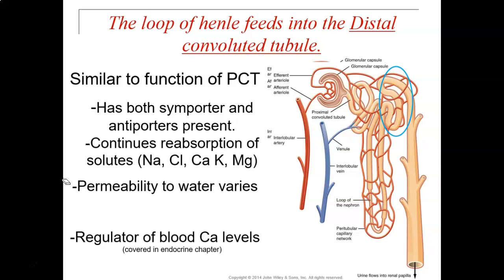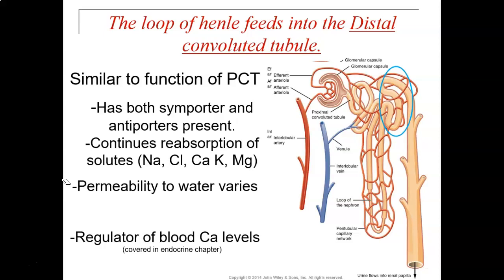Now we see regulator of blood calcium levels. Remember, we talked about parathyroid hormone, and the parafollicular cells in the thyroid producing calcitonin. Those were hormones which helped regulate blood calcium levels. There was a hormone released from the kidney called calcitriol.